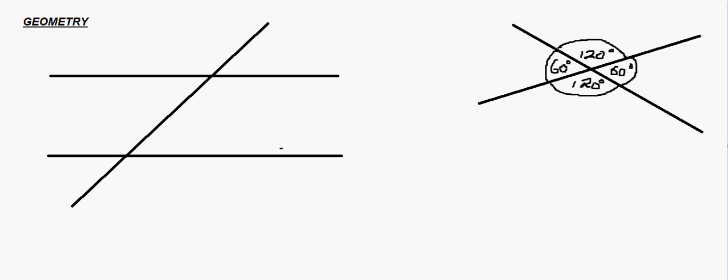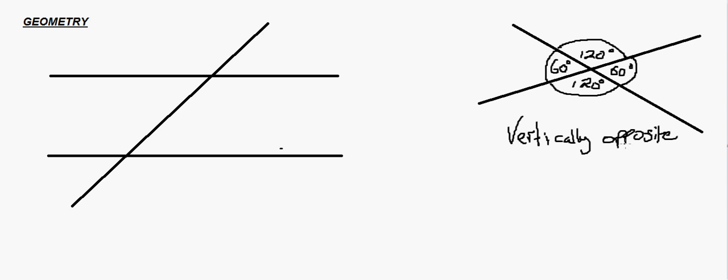So when we have opposite angles, in the textbooks you'll see it written as vertically opposite. Okay, I'm just writing this out very quickly. Now the fact that that angle and that angle aren't vertical, it doesn't matter, they're still vertically opposite.